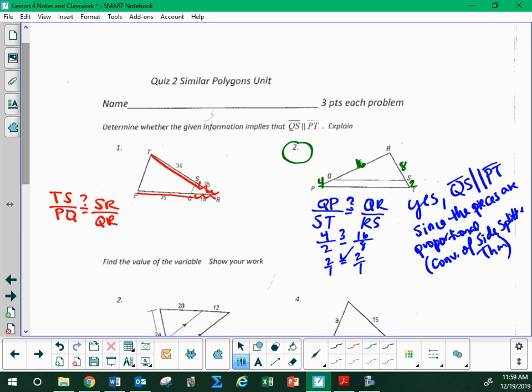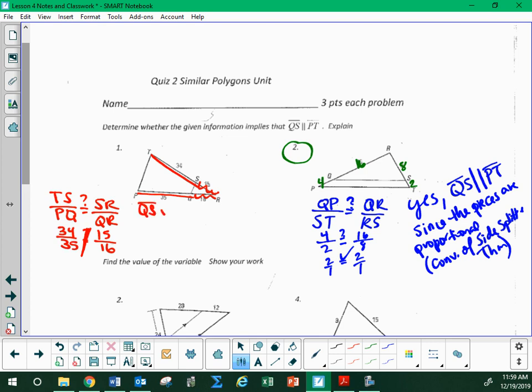All right, and then filling in my values, 34 to 35. Is that the same thing as 15 to 16? Can I reduce 34 and 35? Nope. So definitely not the same. So tell me if it's parallel.